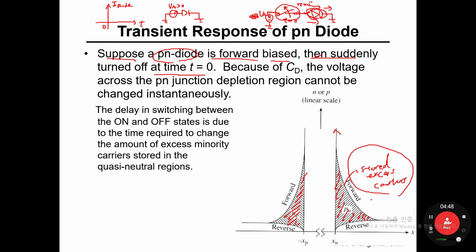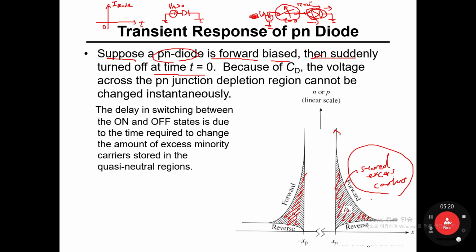Ideally, the diode should not flow any current at all. However, because of the stored excess carriers, the PN junction diode is still flowing its own current. It is necessary to have a certain time duration to remove all the stored excess carriers throughout the PN diode. Then we can claim that this PN diode is fully reverse biased or fully turned off.